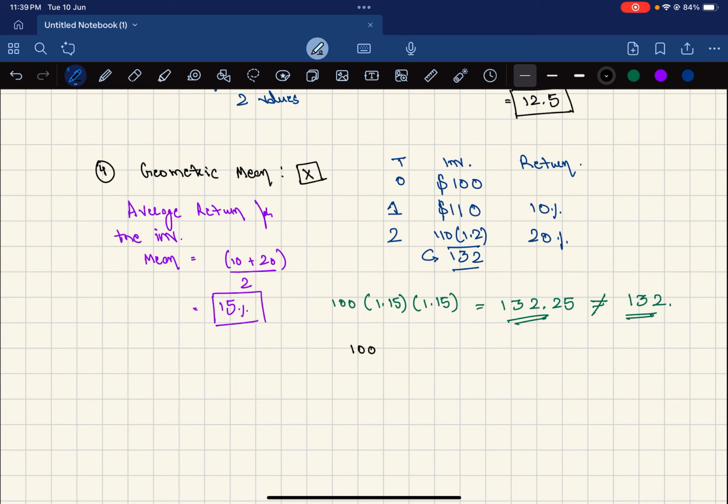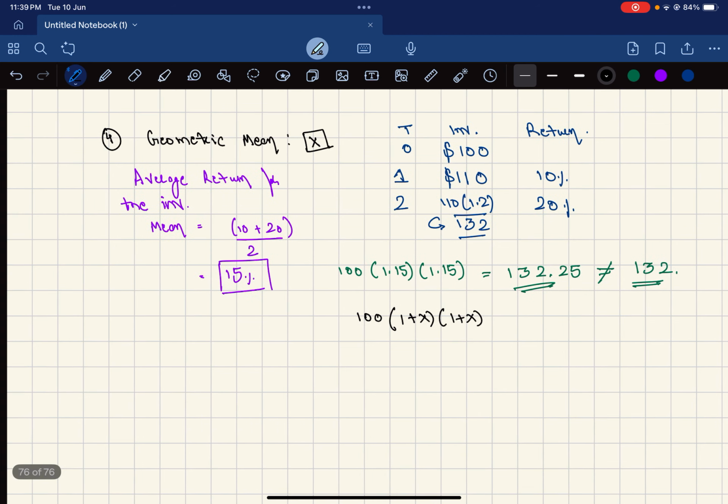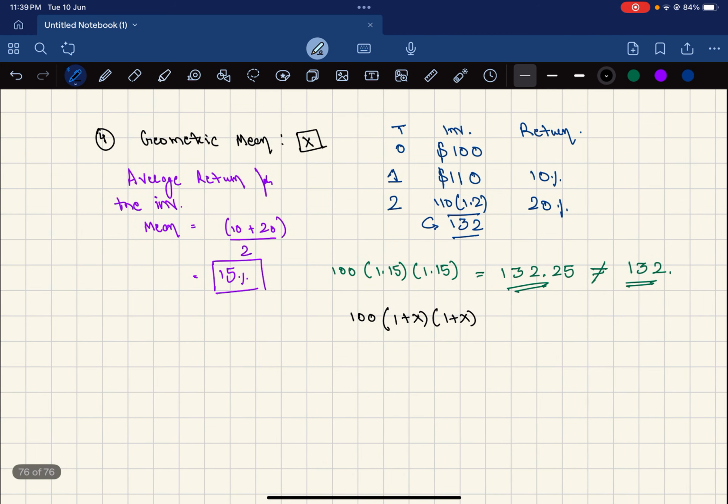So after each year we are getting a return of x. Therefore after 2 years we have (1 + x)² as the total return from $100. Now this should be equal to 132, because that is the true investment value at the end of the 2-year period. So (1 + x)² equals 132/100, which is 1.32.